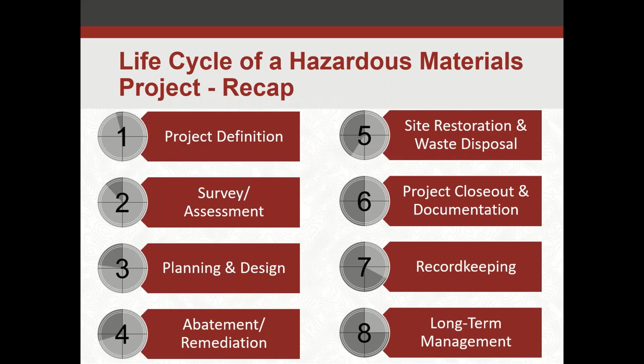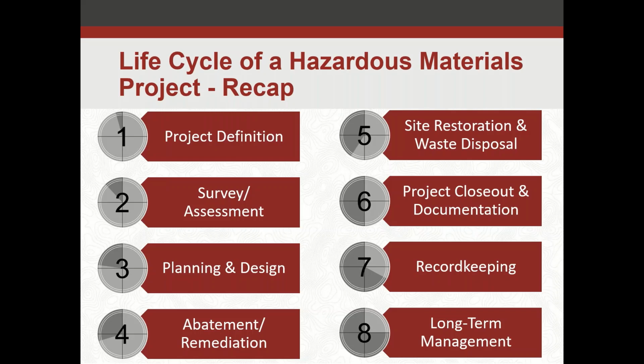All right, so just a quick recap before we finish up here on the life cycle of a hazardous material project. Basically, we're looking at 8 different phases. First, we're going to define our project. Then we're going to survey and assess it. Once we have survey assessment data, we want to go through the planning and design stage to make sure that we detail how they should go about doing the remediation abatement and what they should be remediating and abating during the project.